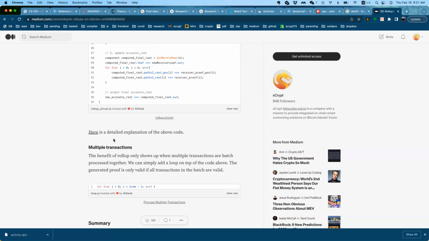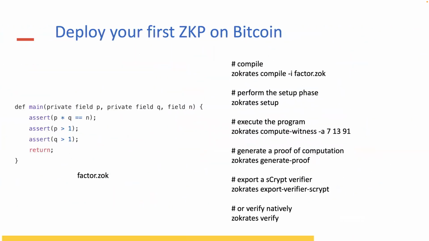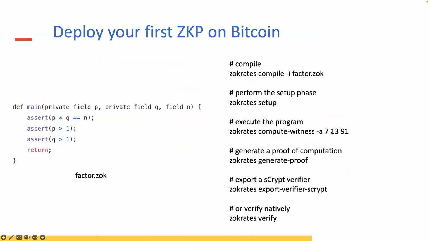Another question about the scalability use case? Yeah, I have one. If you remember last time we had this example with code where you have 13 and 7 and you produce the proof. The multiplication was 91. So you produce a proof for 91, without showing the 7 and 13.